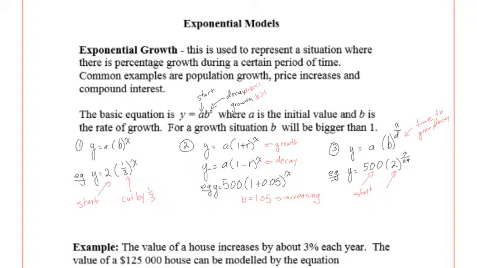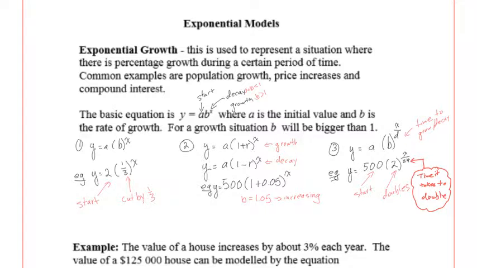Now remember, the first part is our start, the 500. The 2 tells me that it doubles, and the 24 tells me that it only doubles every 24 hours. So you'll see a problem like this when we do more in-depth calculations using doubling time.